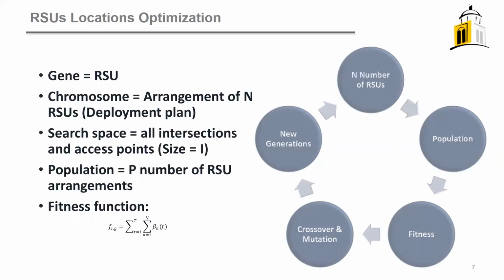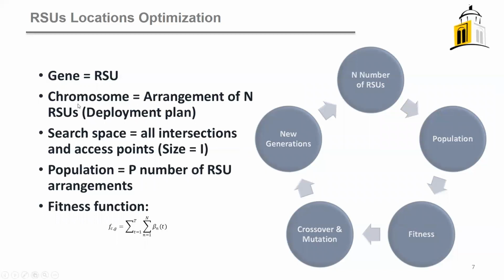Then for that population, we apply some fitness function to identify the fittest chromosomes, for which we do crossover and mutation to reproduce new generations of chromosomes that form another population, and the process keeps going on until the fitness of the chromosomes does not improve any further.